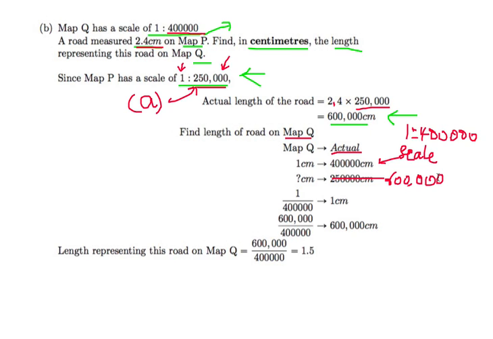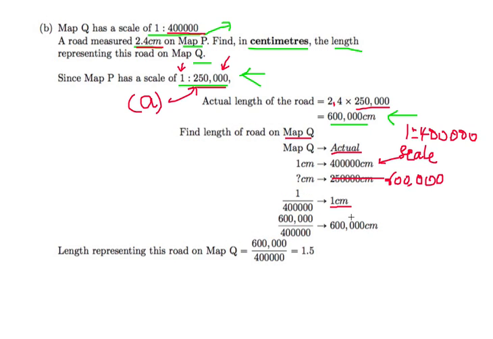So basically you're doing the opposite way. You want to work backwards. Given the actual length is 600,000 centimeters in real life, what is the map length? You can find that 1 cm in real life is 1/400,000 on the map.